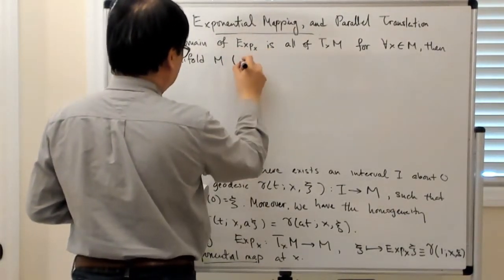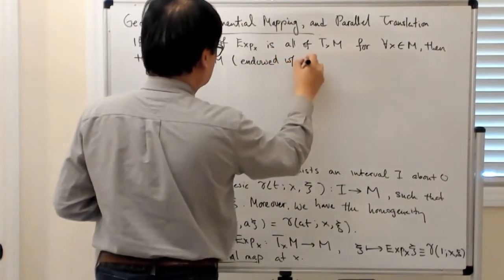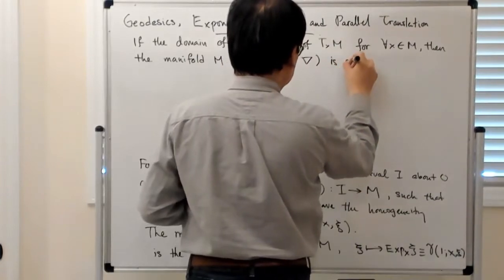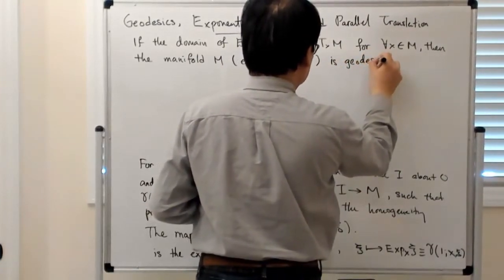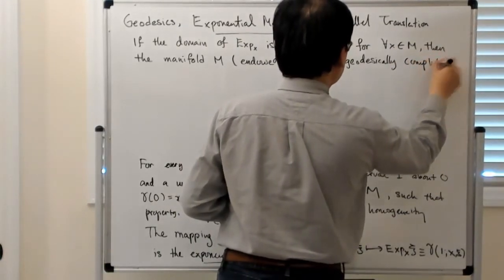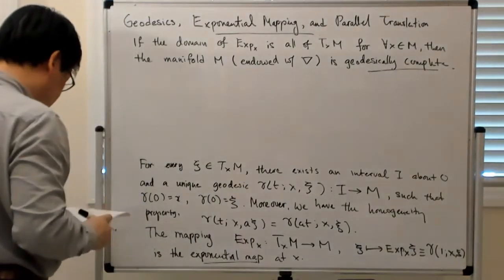Okay, so it has to be endowed with a particular affine connection. Okay, all right.